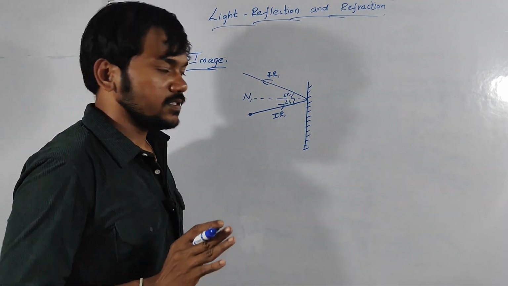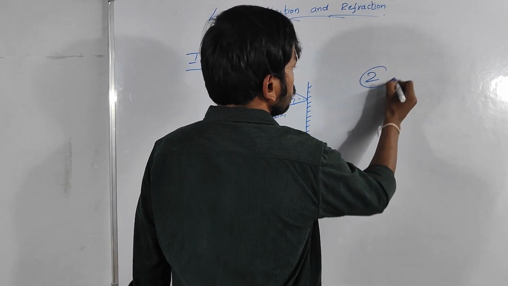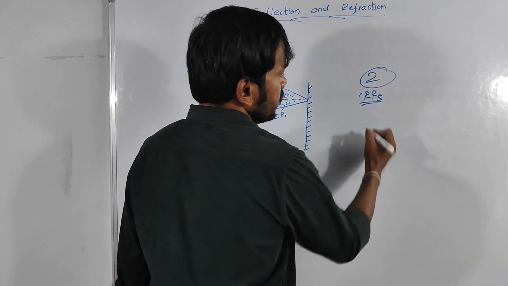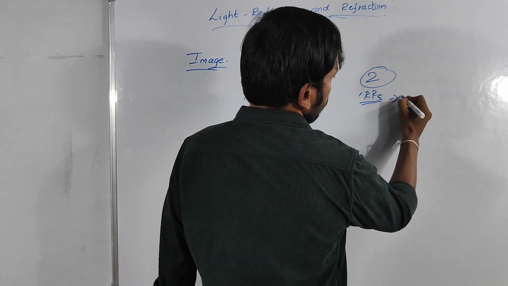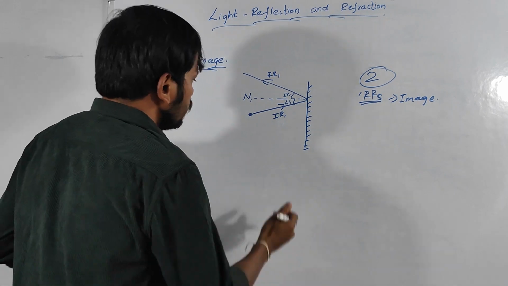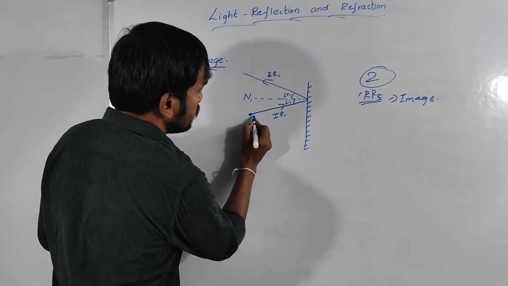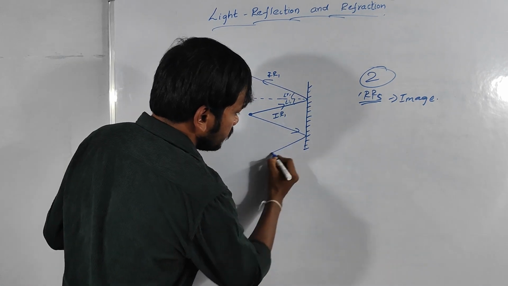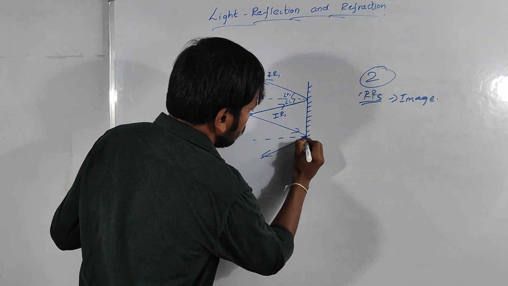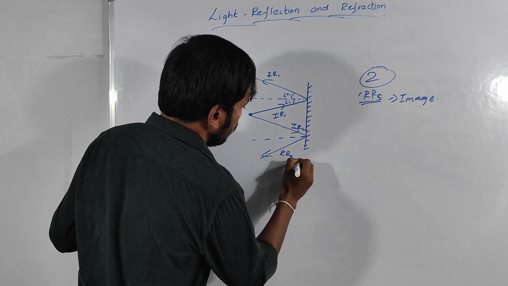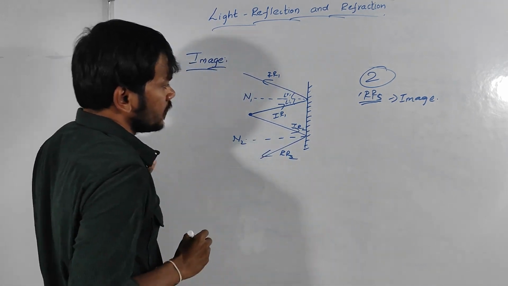Two are quite enough. Just remember, two reflected rays are required to form an image. So now let us consider another incident ray, because we do require another reflected ray, and we do have another normal. This is IR2, this is RR2, and this is N2.